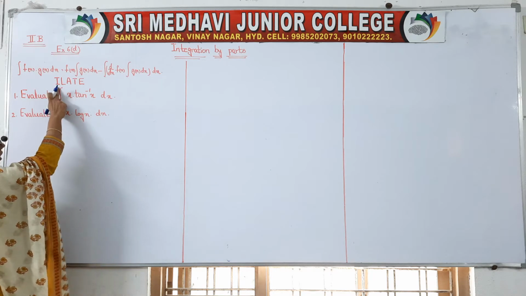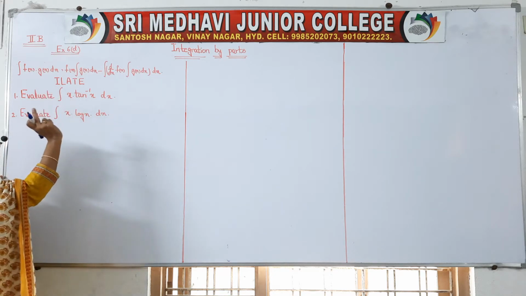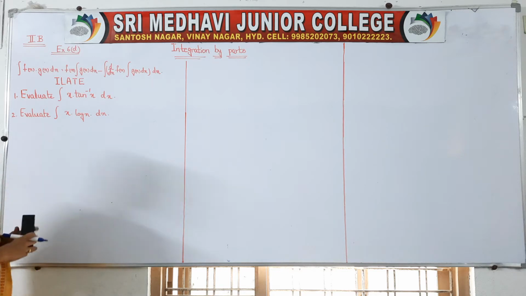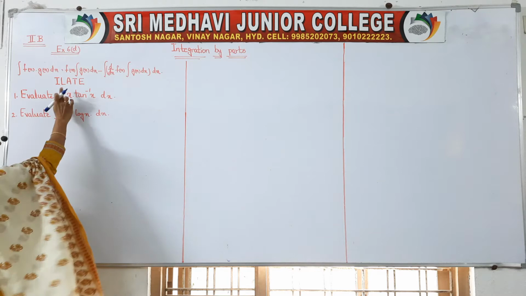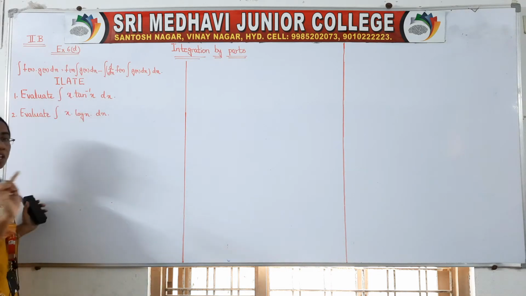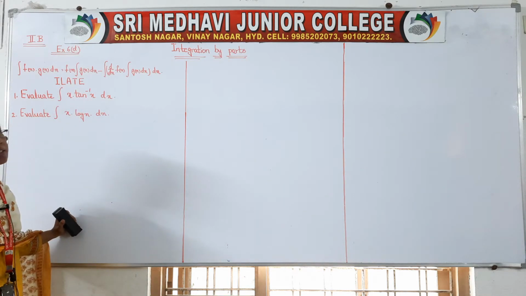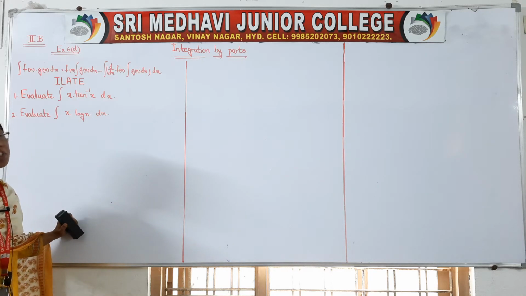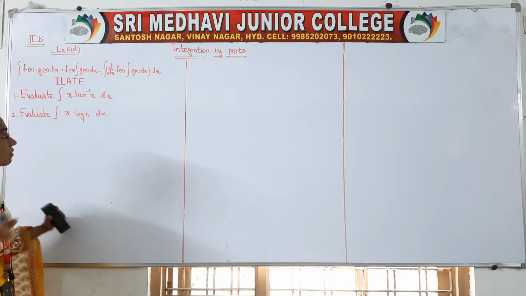In the order, first inverse functions come, next logarithmic functions. L represents logarithms, I represents inverse functions, A represents algebraic functions. Algebraic functions means all the x and y terms. Logarithmic functions are like log x. Tan inverse, sine inverse, cos inverse are called inverse functions.